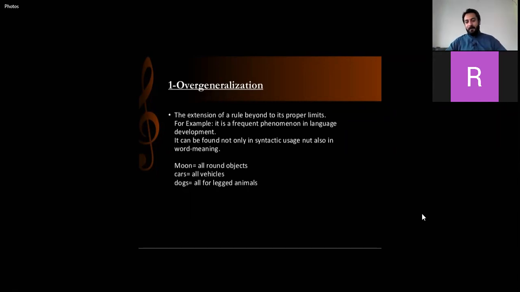For example, in the beginning, I have also observed this from my daughters as well as my son, that they call all the objects that had four wheels cars, whether it was a truck, a bus, a rickshaw, a larger bus, or a minibus.